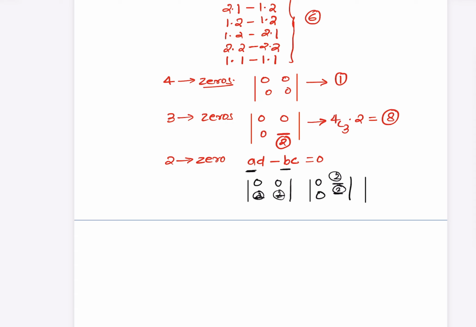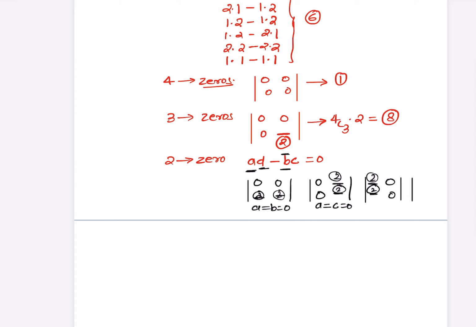When we take A equal to B equal to 0, or A equal to C equal to 0, the other two places we fill in two ways each. If we take B and D as 0, we can put like this, and these two places we can fill in two ways.